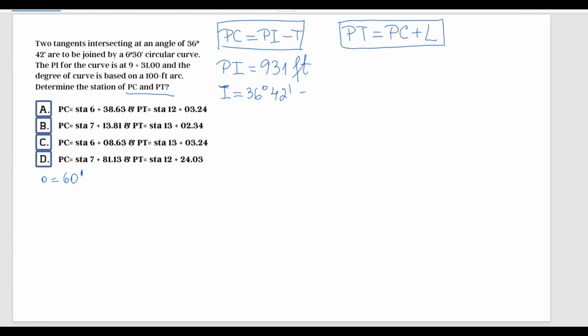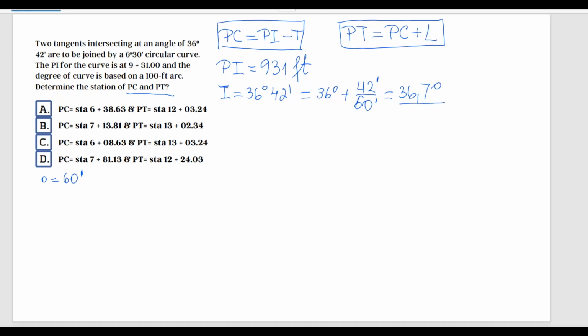So coming back here, we're going to have 36 degrees plus 42 divided by 60 minutes. These are minutes. And now if you do this math, 42 divided by 60 is 0.7, so 36.7 degrees. There you go.